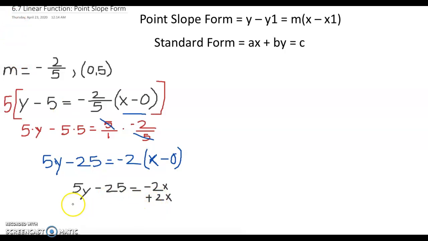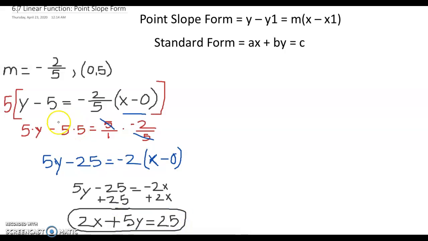Our answer will be 2x plus 5y equals, now we got to put 25 on the other side, so we have to change the sign, and the answer will be 25. There is our final answer. That's how we convert a problem that has the slope and the points in point slope form into standard form. We're going to go over one more problem.